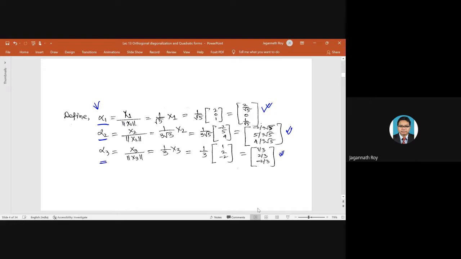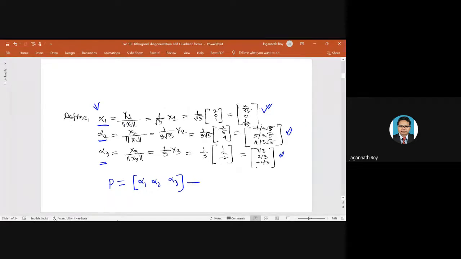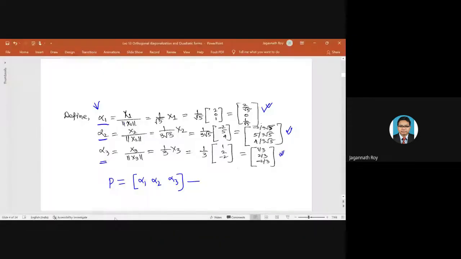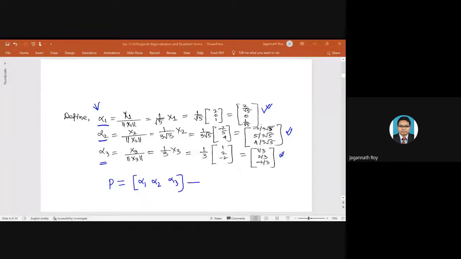Now if you define P equals alpha 1, alpha 2, alpha 3, then this will actually be an orthogonal matrix. Not only orthogonal, there is another definition called orthonormal. An orthogonal or orthonormal real matrix whose rows are orthonormal vectors.